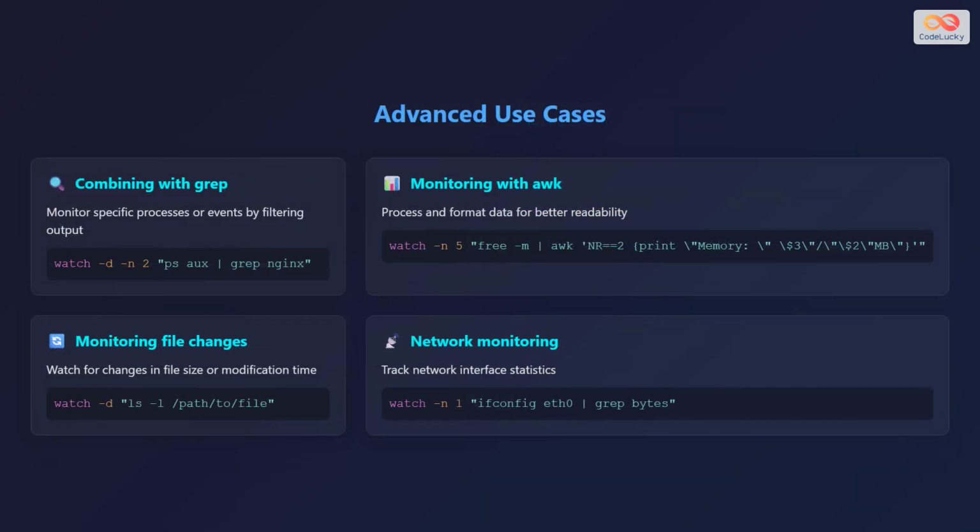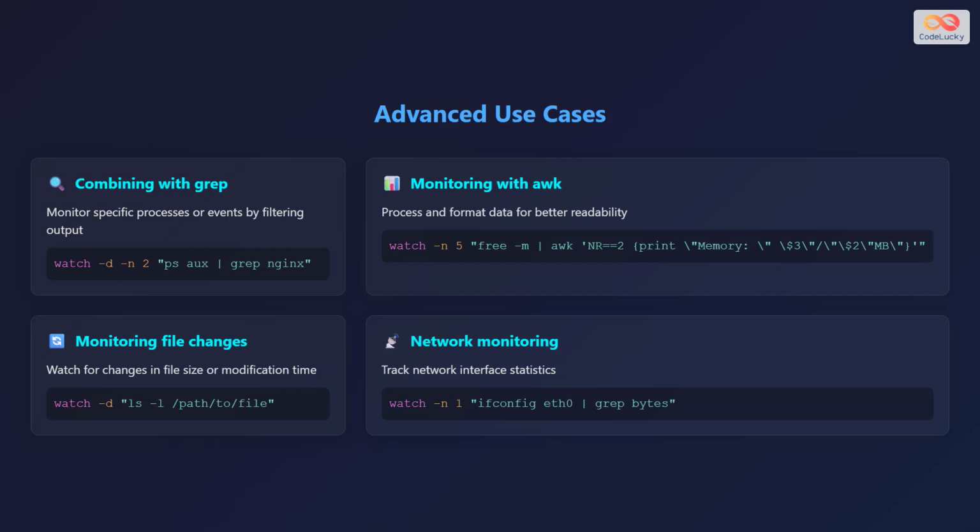Let's explore some advanced use cases for the watch command. First, combining with grep to monitor specific processes or events. For example, watch -d -n 2 "ps aux | grep nginx" will show any changes to nginx processes running on the system.